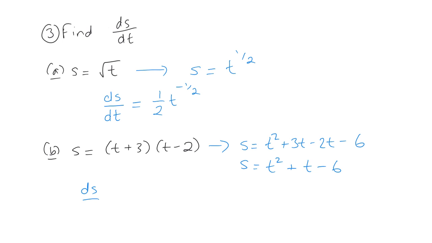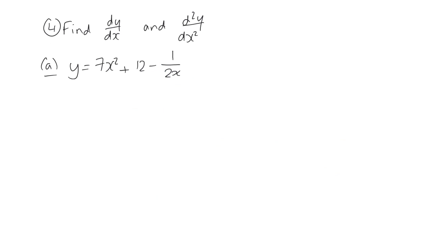And then differentiate that. We get 2t plus 1. Remember, that's like a 1 there. And then the minus 6 disappears. And our last ones then, I find dy by dx, so that's the first differential, and d2y by dx squared, which is our second differential.